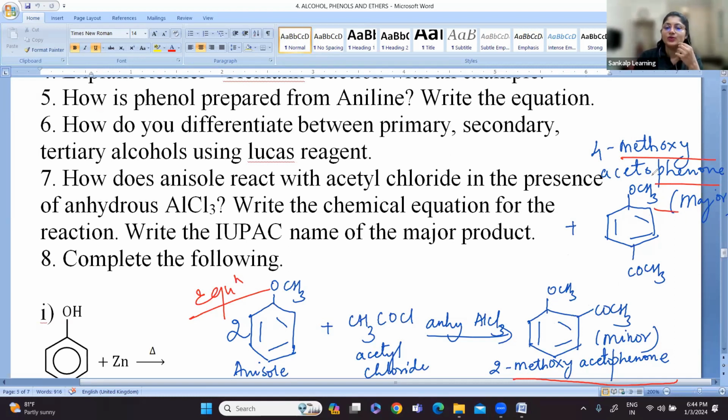So this is 1, 2, 3, and 4. So at the fourth position, 4-methoxyacetophenone. So this you have to take as 1, 2. So 2-methoxyacetophenone, like that.